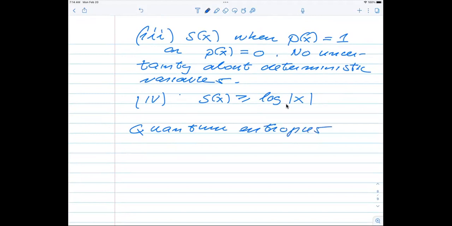And this is where the density matrix is going to play an important role. What we are going to look for now is a quantity called the von Neumann entropy.